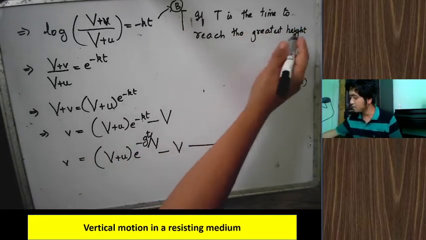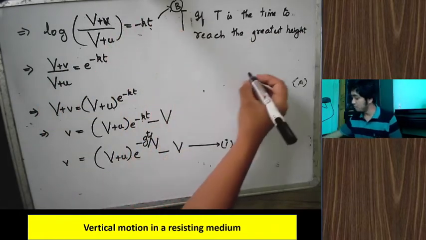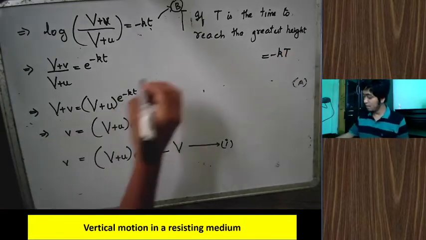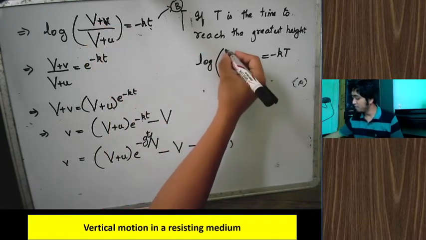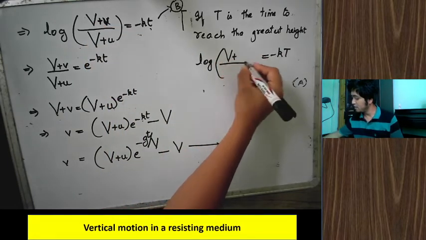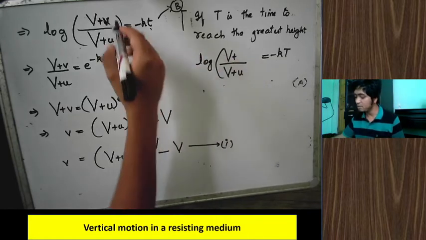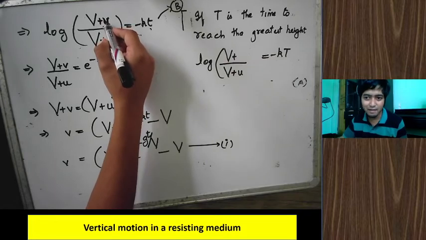If t is the time to reach the greatest height, then over here instead of t, we will be replacing it with capital T. So kT. And over here log capital V, it is a constant, so we will leave it as it is. Similarly, the velocity of projection u is a constant, but what changes is this small v. At the greatest height, the velocity is 0.